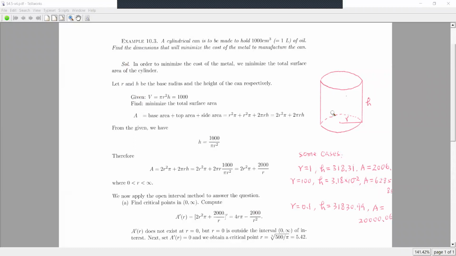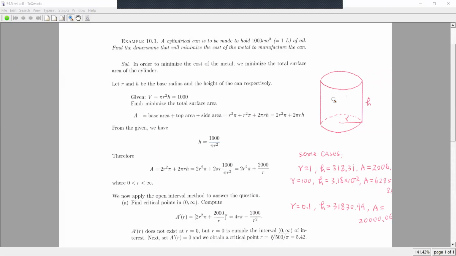Here I draw a diagram of the can. I let r be the base radius. The base is a circle. Its radius is r. And h is the height of the can. The volume of the can is a constant, 1,000.